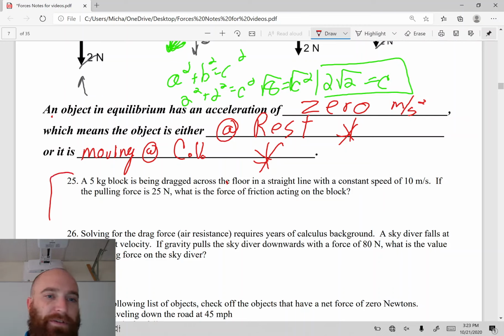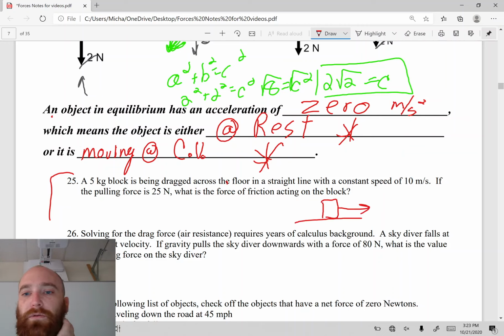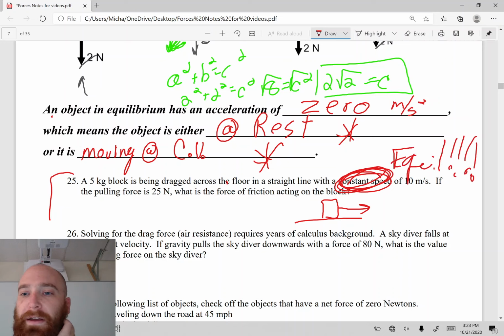To illustrate, 25, 26, 27, no, mostly 25, 26. A 5 kilogram block is being pulled across the floor in a straight line with a constant speed. That means we're in equilibrium. Explanation points of 10 meters per second. So the 10 meters per second does not matter. We're just interested in accelerations when we talk about forces.